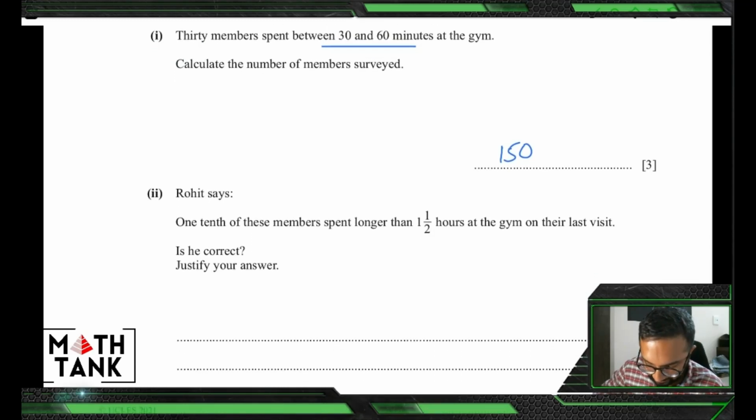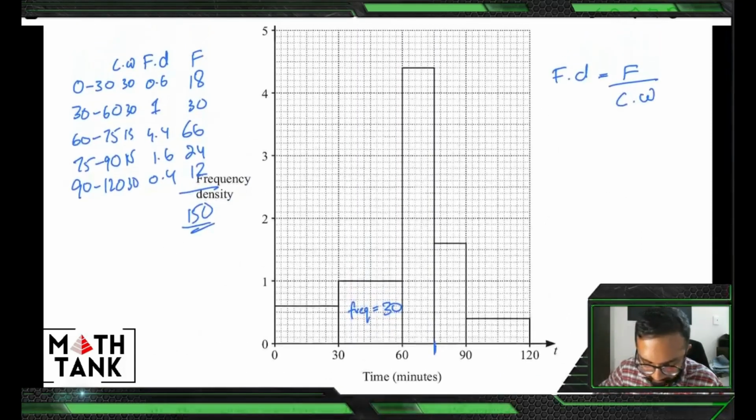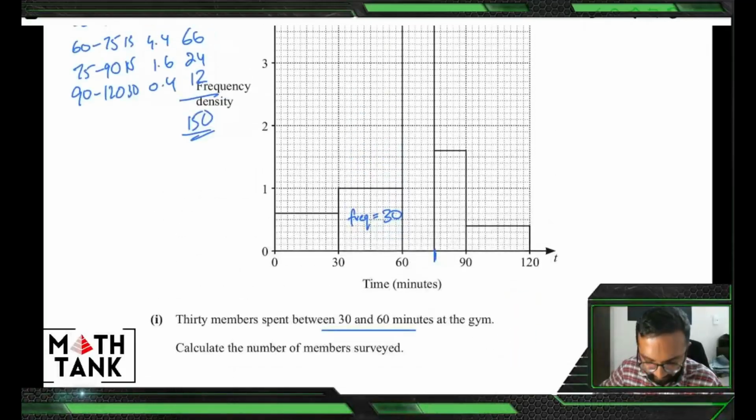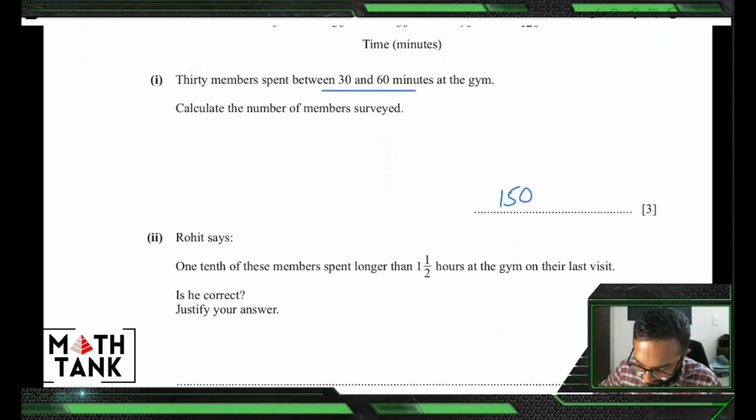Then it says Rohit says 1/10 of the members spent longer than 1.5 hours at the gym on their last visit. Is he correct? Okay. So longer than 1.5 hours. 1.5 hours means 90 minutes. So how many people spend more than 90 minutes? There were 12 people. He says 1/10 of the members.